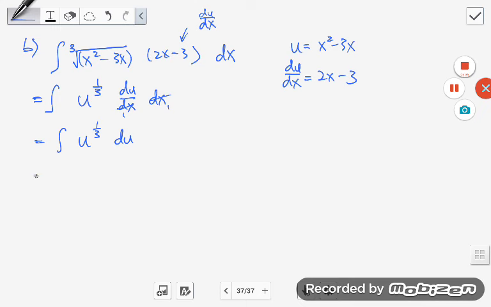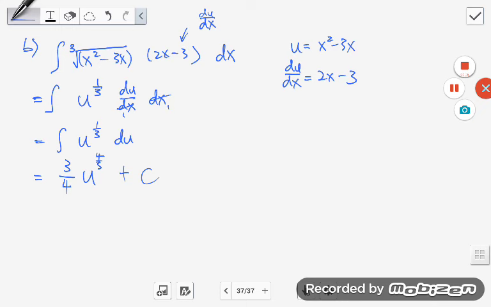Now it's a lot easier because we are simply trying to find the indefinite integral of u to the power of 1 over 3 with respect to u. So 1 over 3 plus 1 gives us 1 over 3 plus 3 over 3, which is 4 over 3. So that will be u to the 4 over 3, and the coefficient will be 3 over 4, plus c.